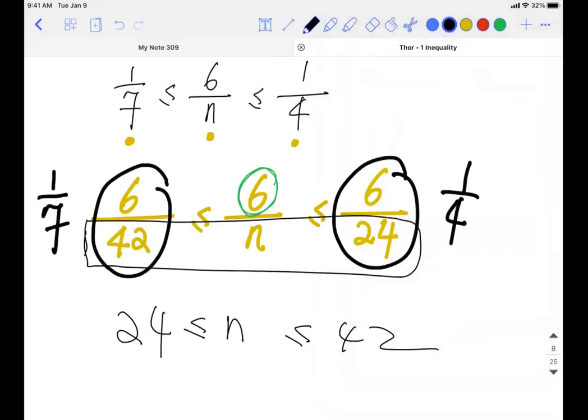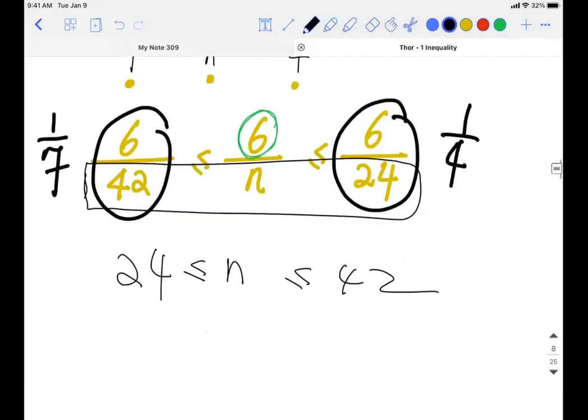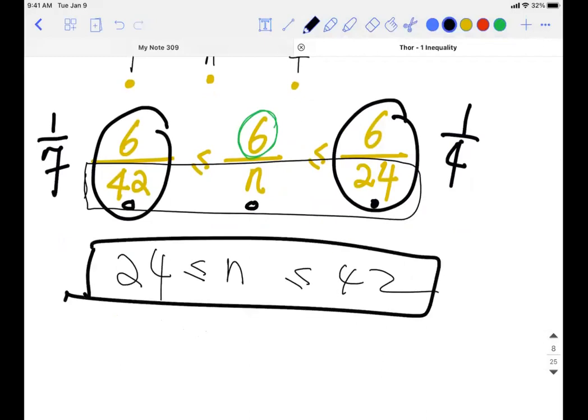I just make the fraction not the most brief fraction, so you can do a division between the numerator and denominator. That's it. As long as you have this, you can directly do the comparison for the denominator. So therefore, n will be between 24 and 42.